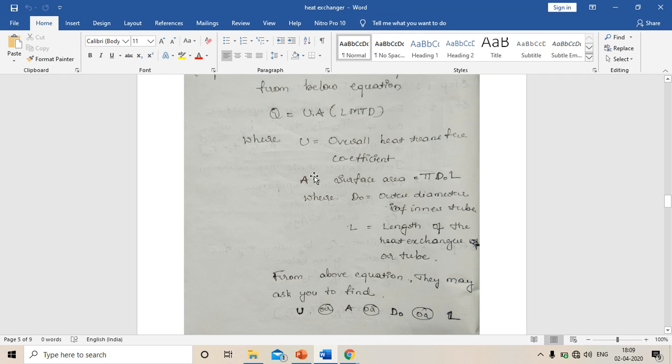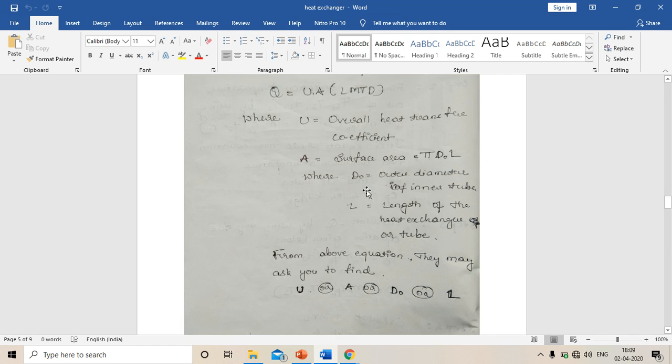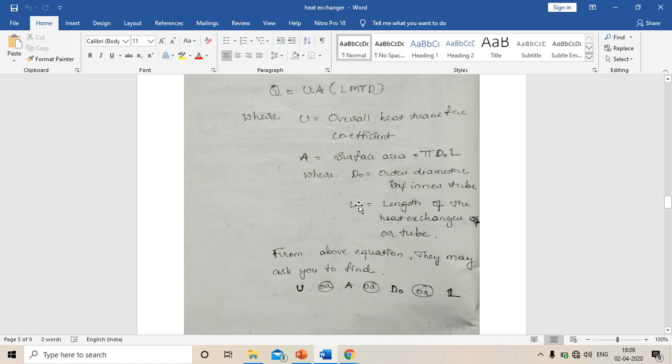So if he asks you for the diameter or length, you will be knowing the values like Q, U, and LMTD. Only the area you need to find first. Then after finding the area, find out L or D, whichever one is unknown.